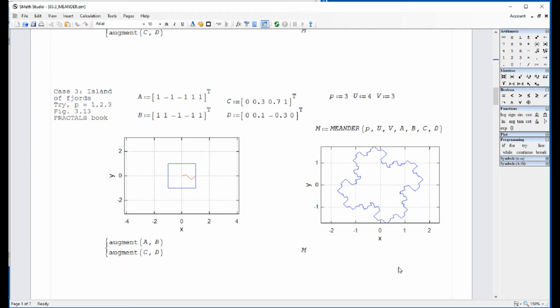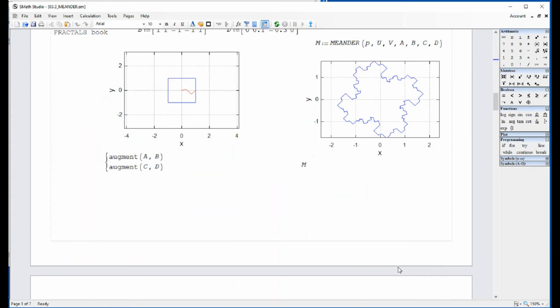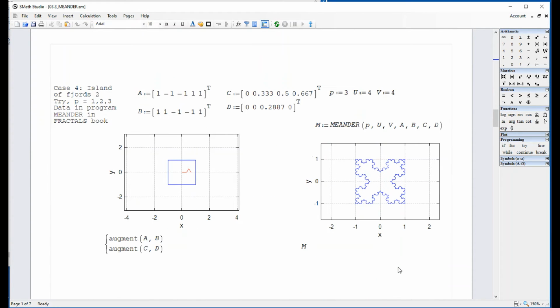For p equals 4, it's even more dramatic. The island of fjords produces this nice symmetric shape, and if you look at the base of this, it's just like a Koch curve that is produced by using this motif that doesn't even reach to 1, 0.